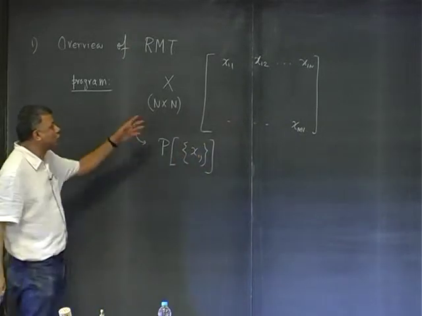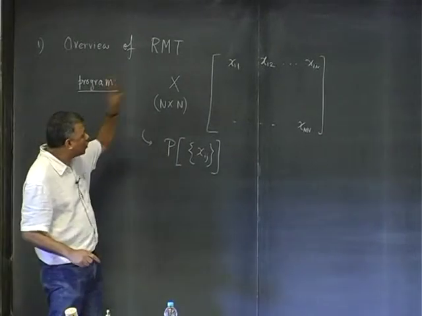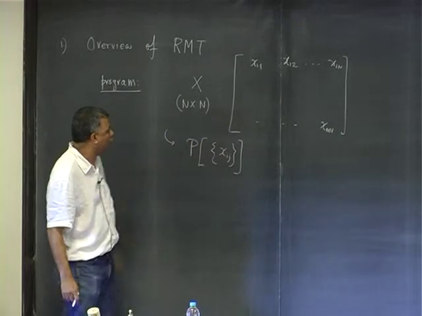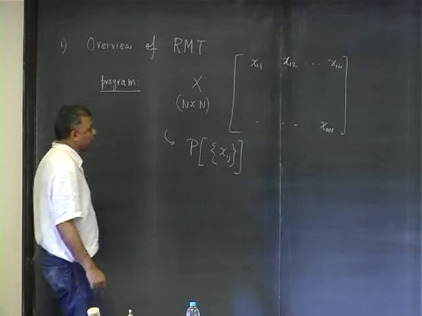We'll be more specific today about the particular type of matrices we'll be talking about. But in the most general setting, you have a random matrix with entries drawn from a joint probability density function, denoted by P of xij.